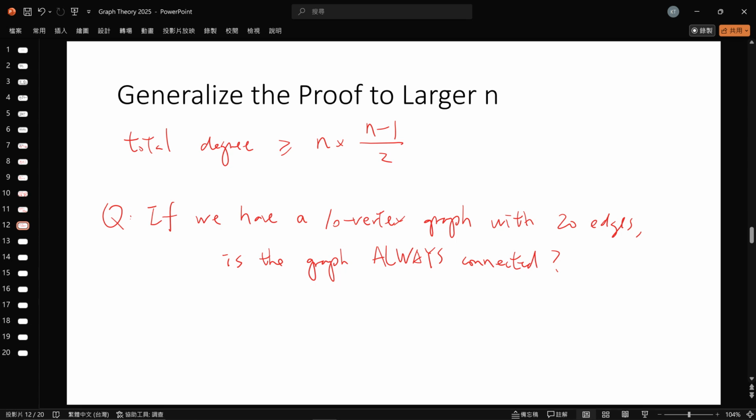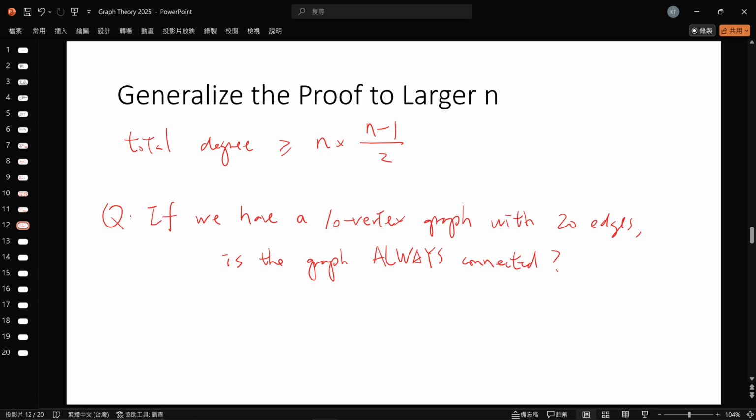Yeah, so why? Because it could still be disconnected with separate components. Right, so how to generate this type of components? I think if you wanted to be connected, you need 9 edges, because I think it's n minus 1. You need n minus 1 edges, but it is more than n minus 1 here. So it's not guaranteed.